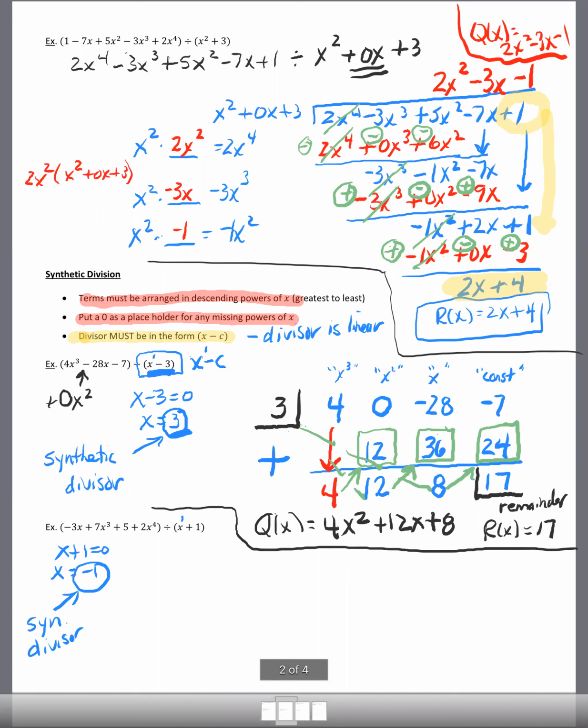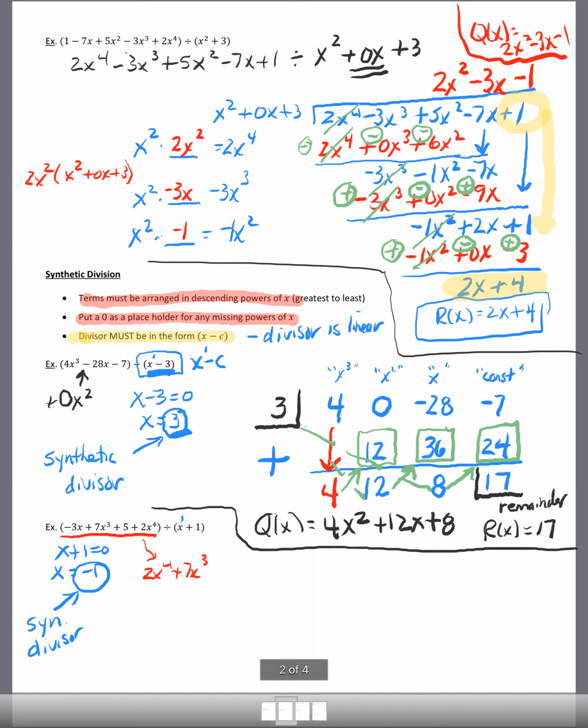Now the other thing that I just noticed was that I don't believe that our dividend is actually ready. Because if I look at the dividend here, that is not in descending order. And so if I put it in descending order before I get my work started, this would actually read 2x to the 4th, then plus 7x to the 3rd.